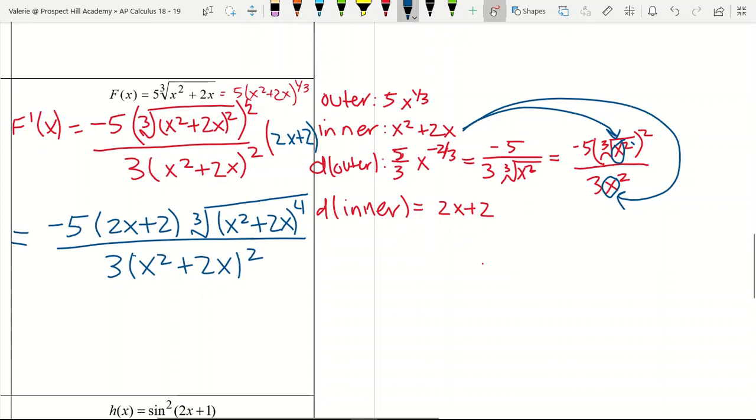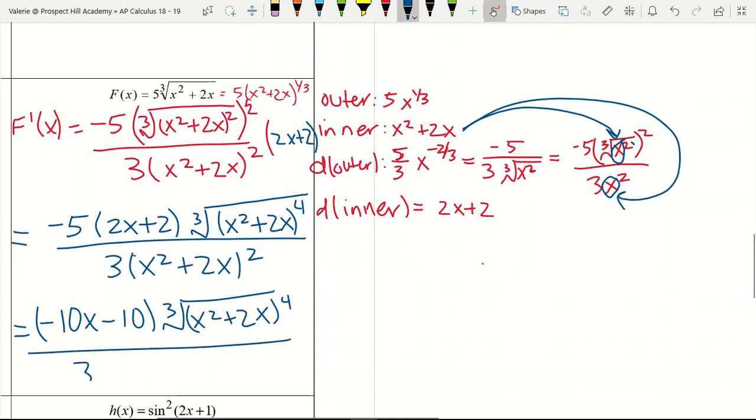We can simplify this even more to being negative 10x minus 10 cubed root of x squared plus 2x to the 4th all over 3x squared plus 2x squared.